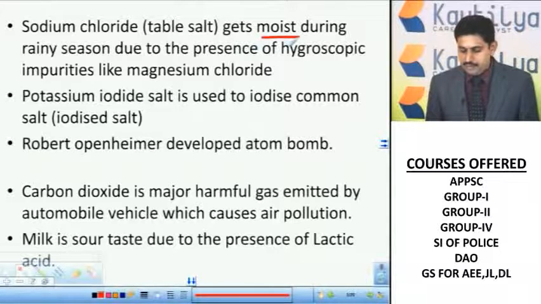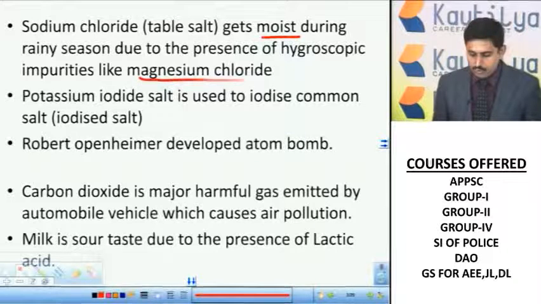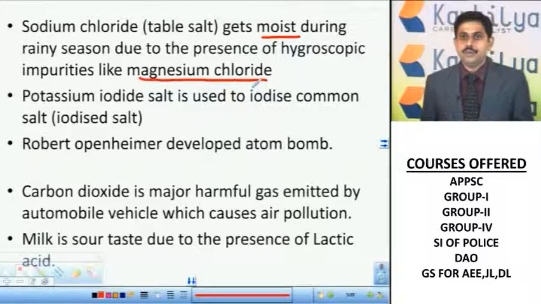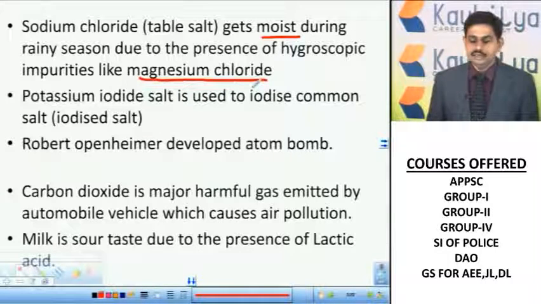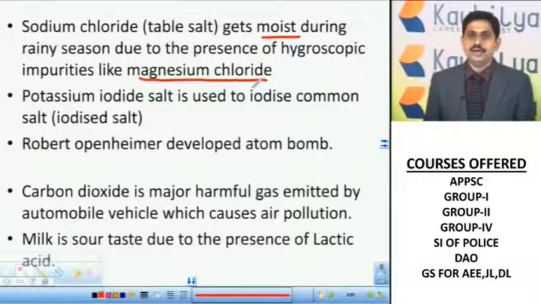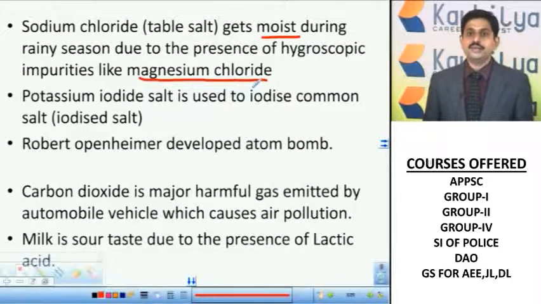It appears to be in a moist condition. It is due to the presence of magnesium chloride. Sodium chloride we generally call common salt, which you use in daily life. This common salt is moist during the rainy season. Why is it moist? Because of the presence of impurities called magnesium chloride. Why does the presence of magnesium chloride cause the moisture?